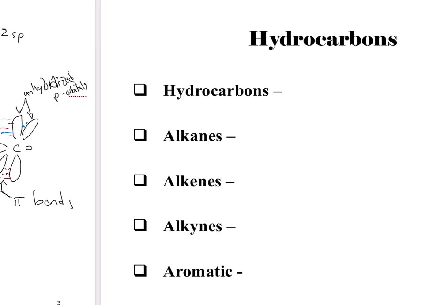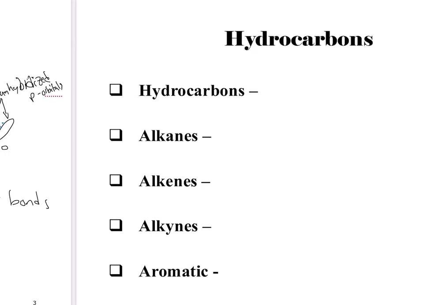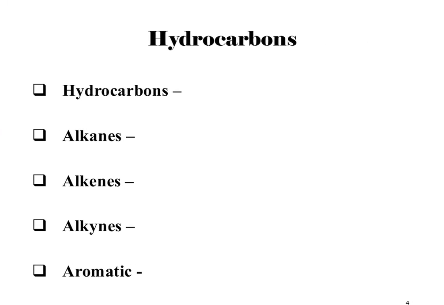So the first class of functional groups for organic molecules are just hydrocarbons, right? And hydrocarbons are just compounds made of entirely hydrogen and carbon. You're like, well, why are there so many classes for compounds that are only made out of hydrogen and carbon?